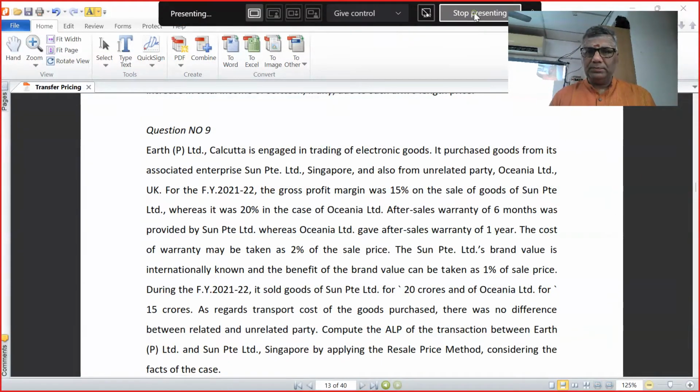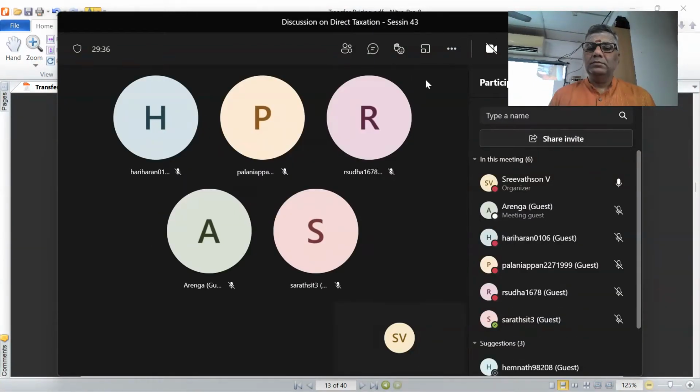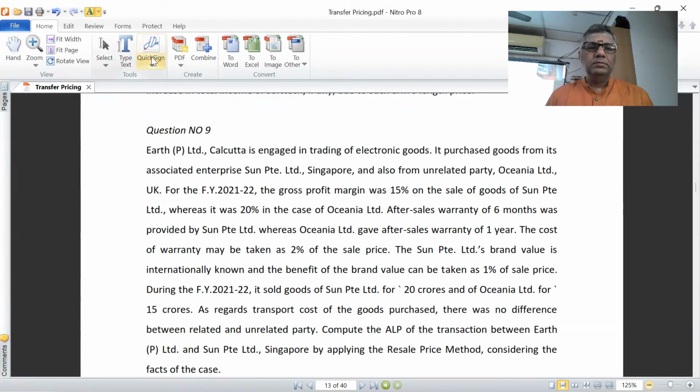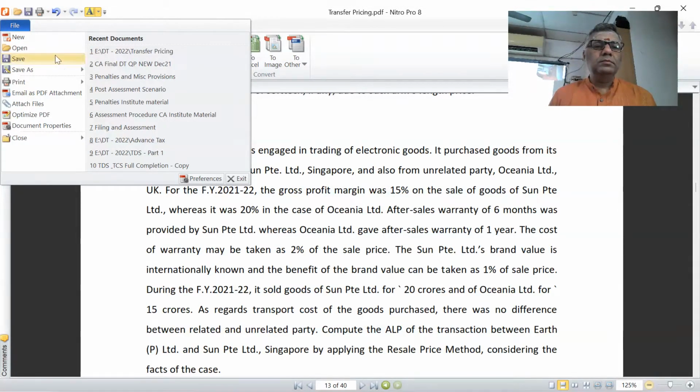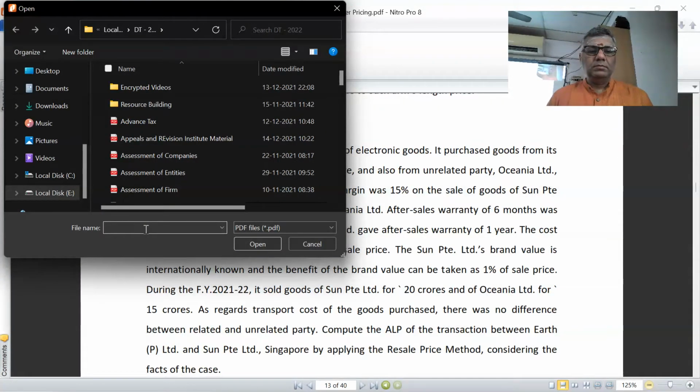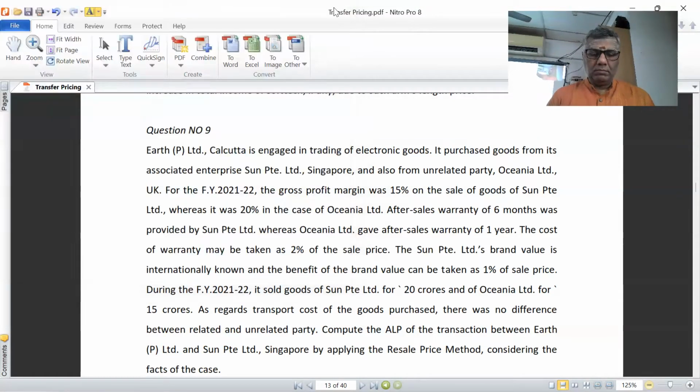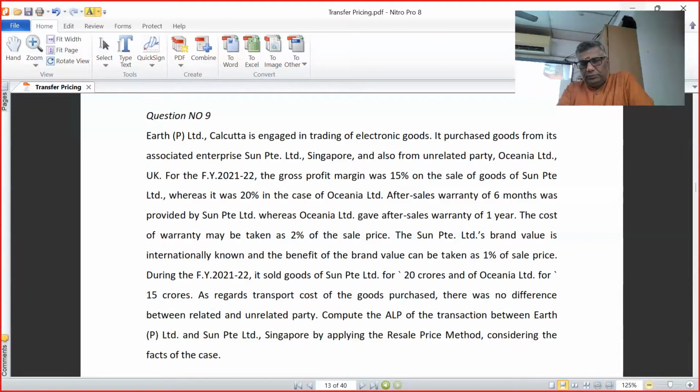Question is yours. May I know the answers? 11 crores 70 lakhs.